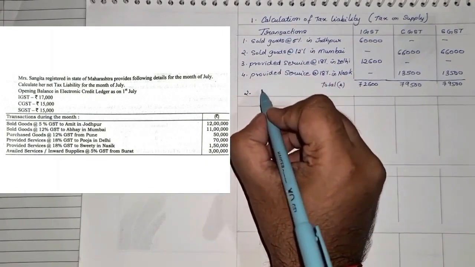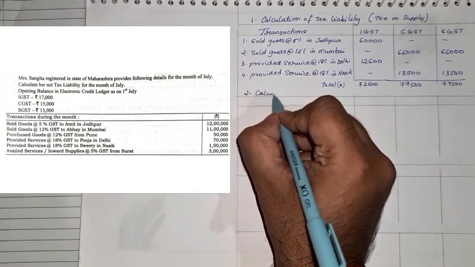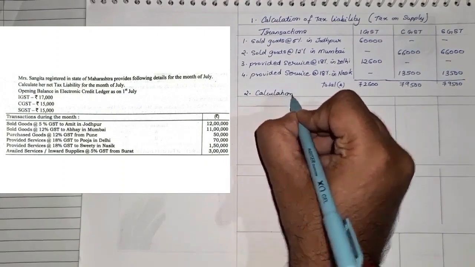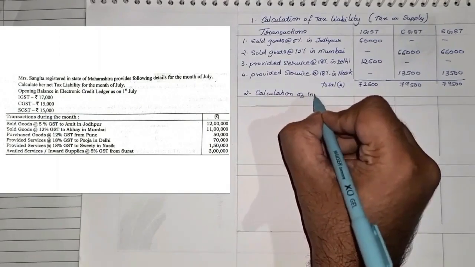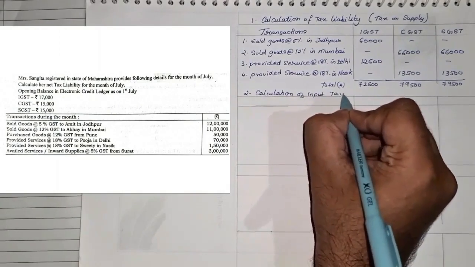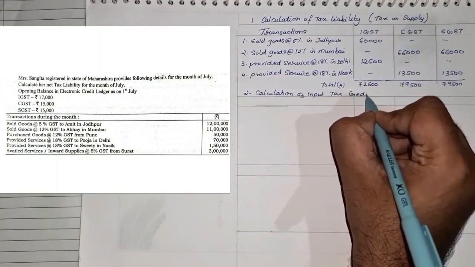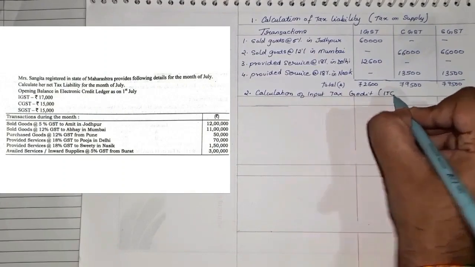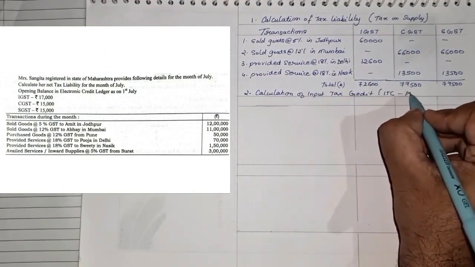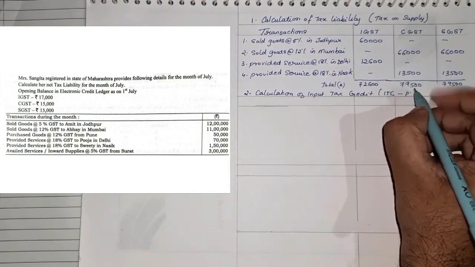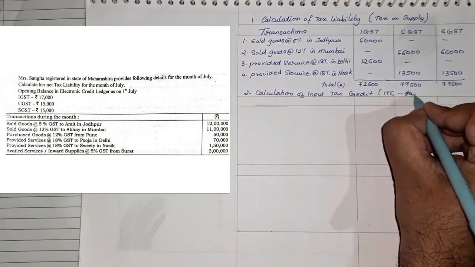Now we'll have all on purchases. So it will be written as calculation of input tax credit. It is ITC, and it is basically purchase with tax. Basically, it's tax on purchases.